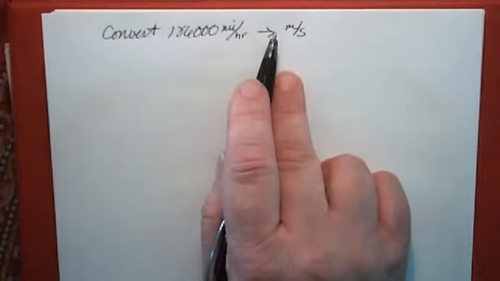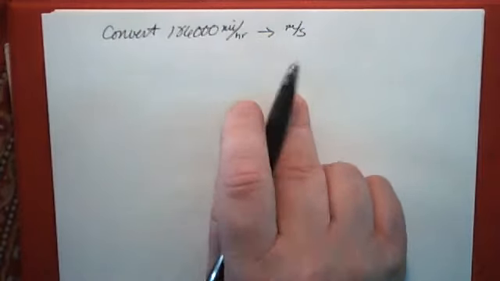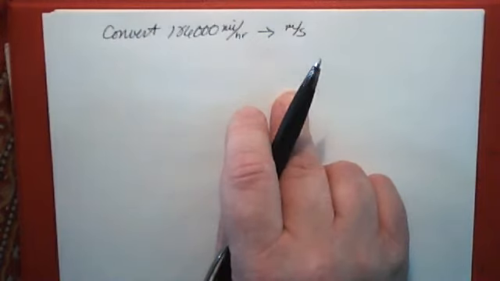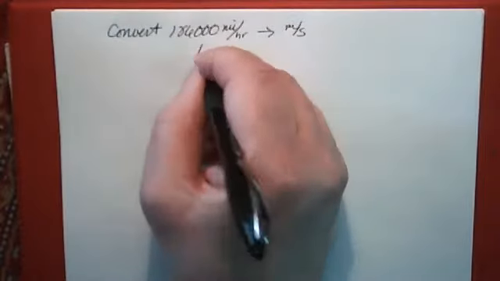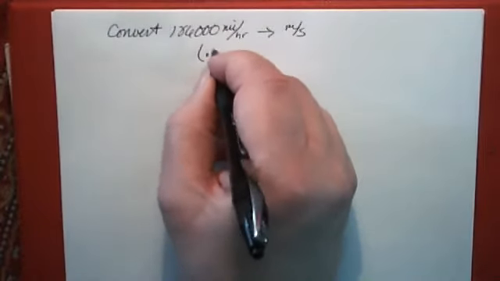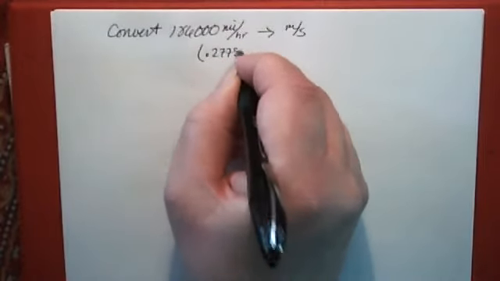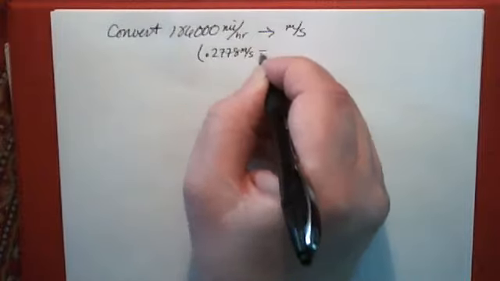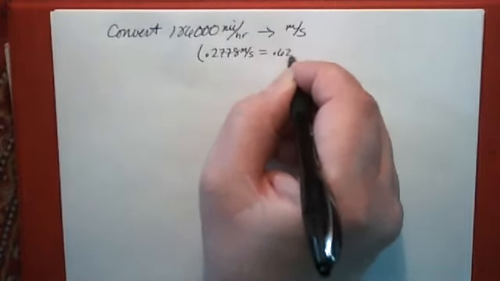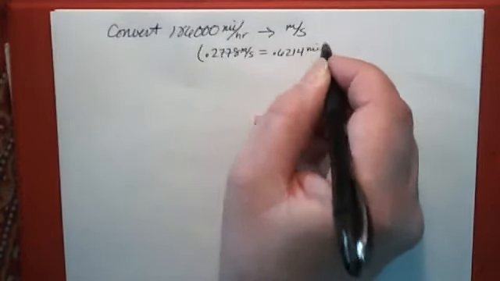It says 1 kilometer per hour equals 0.2778 meters per second, which is also equal to 0.6214 miles per hour. So you can actually use those last two terms as your conversion factor.